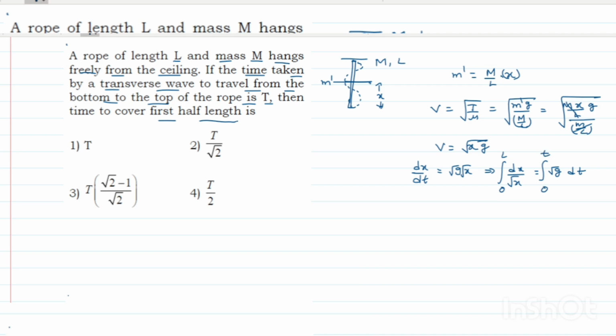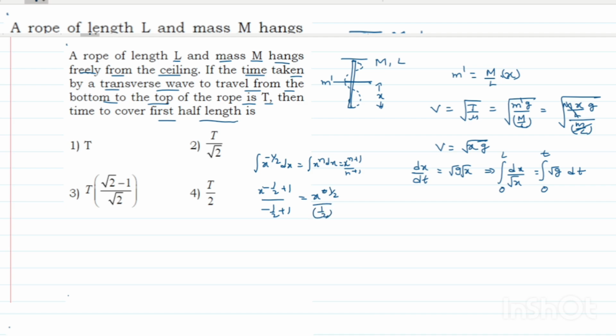Here 1 by root x is in the form of x power minus 1 by 2 dx. It is in the form of x power n dx, and the formula is x power n plus 1 by n plus 1. That gives x power minus 1 by 2 plus 1, which is x power 1 by 2 by 1 by 2.